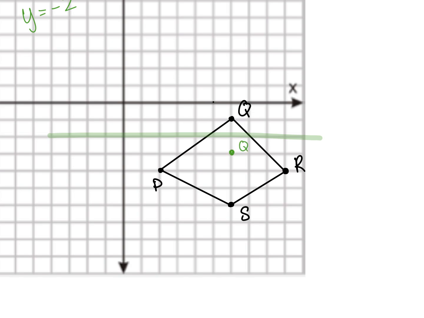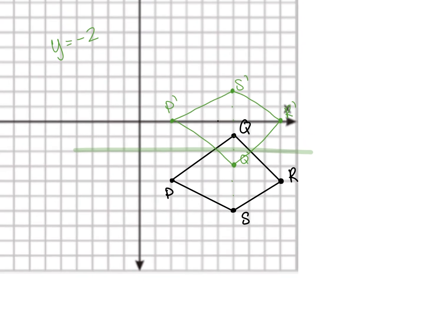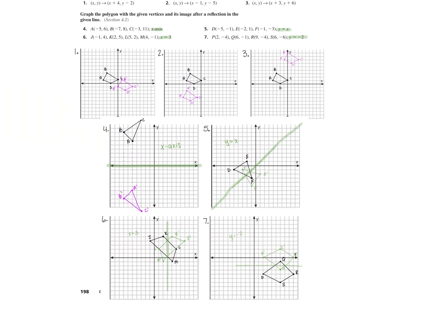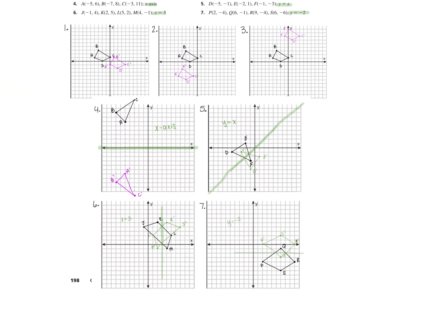Here's Q, R, 1, 2, 3, 4, 1, 2, 3, 4, S, and P. That's what that one should look like. Any questions on graphing for these?